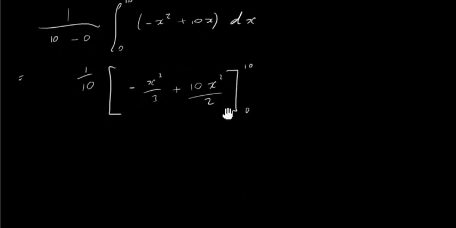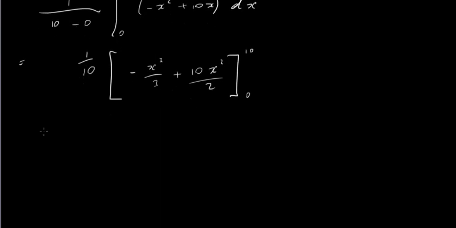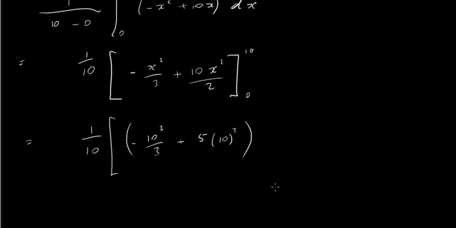Okay, so let's do that. So this will give us 1 over 10 times, okay, so we've got to put 10 in here first, so it's going to be minus 10 cubed over 3 plus, well, this is 10 divided by 2, that's going to be 5, and then we've got our 10 squared here. That's that bit there. Now we've got to subtract.